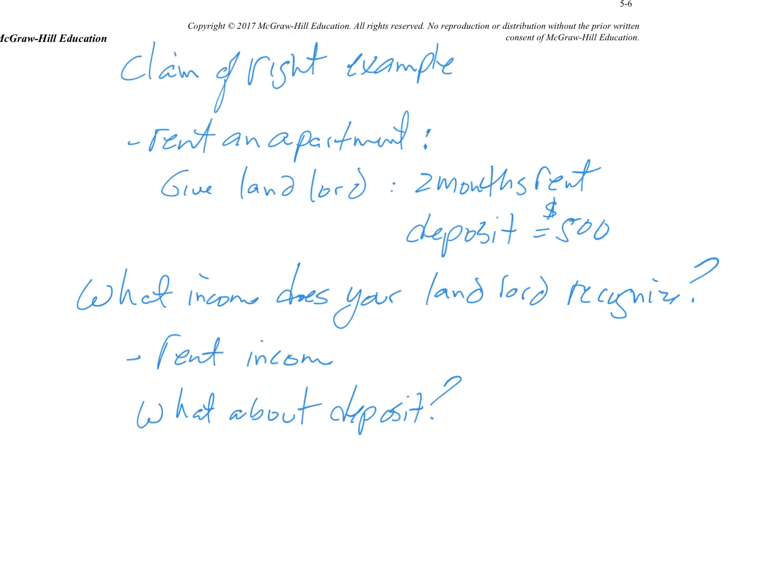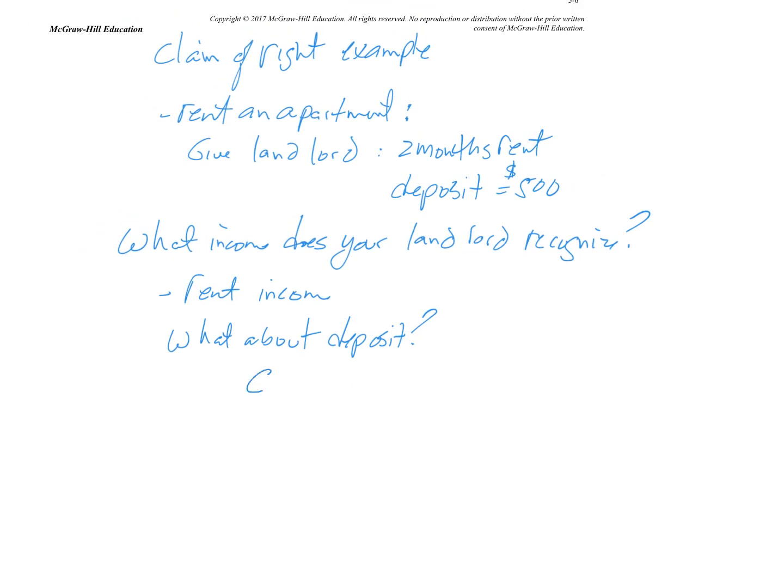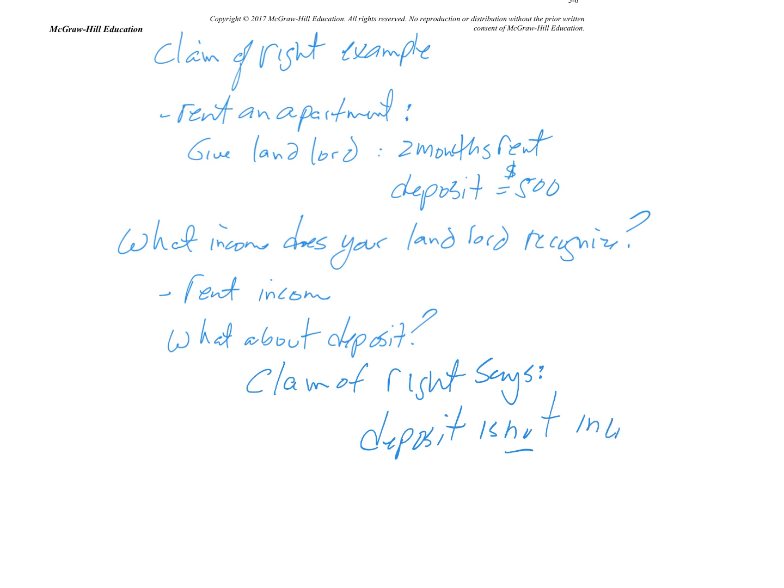So claim of right says the deposit is not income until something happens and you lose the right to getting that deposit back. If your dog eats the kitchen, now you're going to have to surrender that deposit, and that $500 deposit is now income to the landlord upon the day that the landlord discovers your dog has eaten the kitchen.